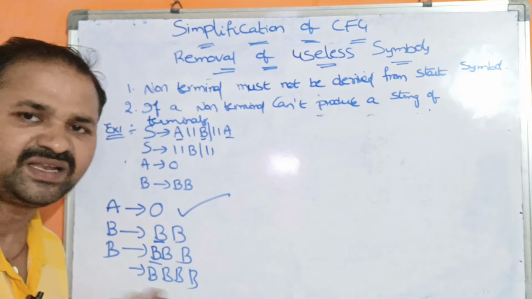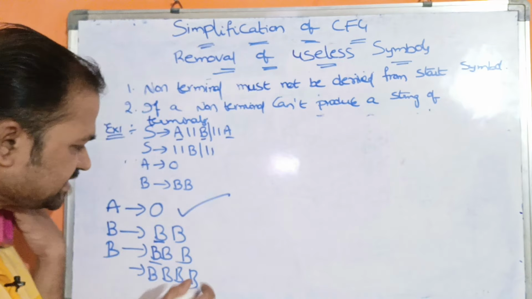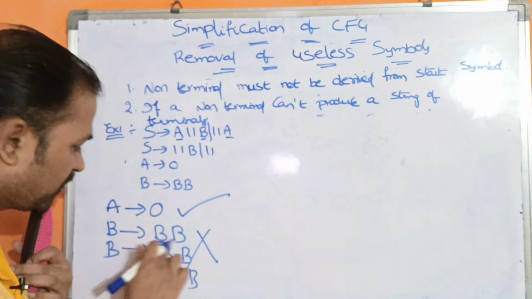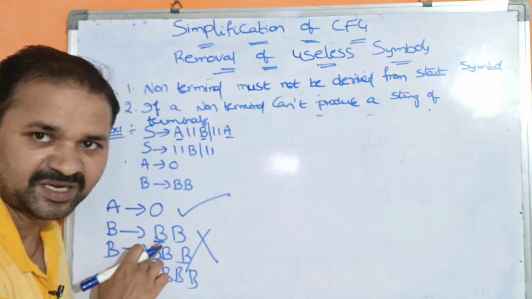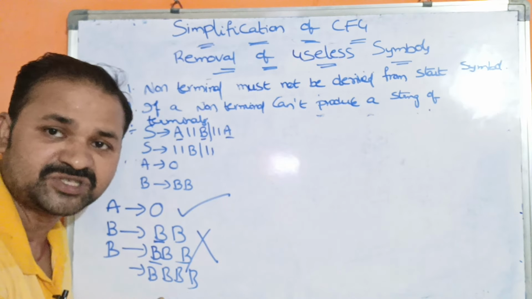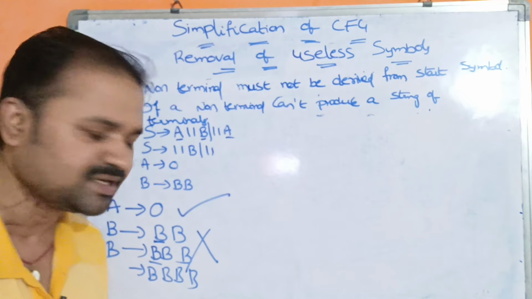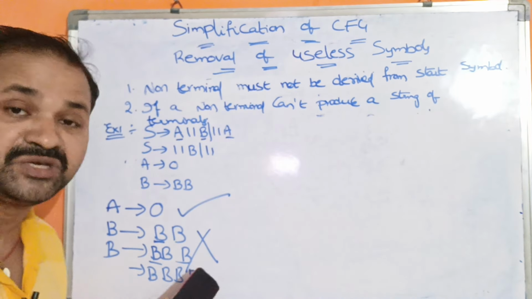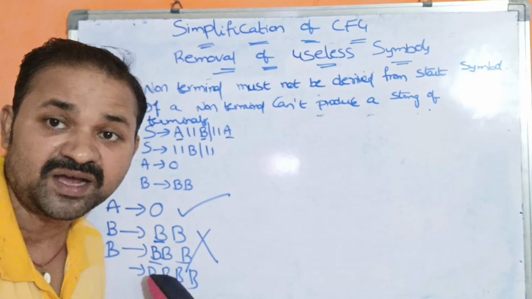So likewise, we will get n number of B's while doing the derivation. So this is a useless production. So here B is a useless symbol. Why? Because B is not producing terminal symbols. So all the productions associated with B are useless.